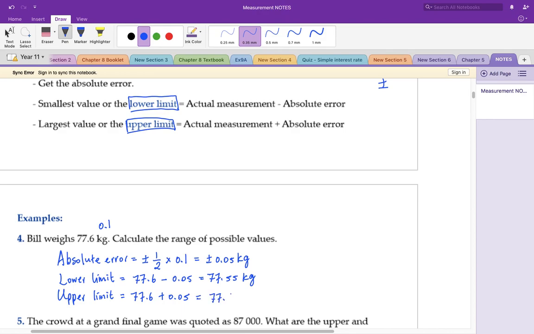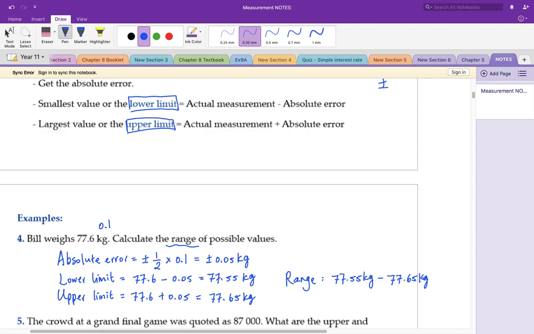So 77.65 is the upper limit. So if I want to write it as a range, it goes from small to big, right? So 77.55 kilograms to 77.65 kilograms. This is the range. So whenever a question asks you for the range, you need to find the smaller bound and the bigger bound, right?